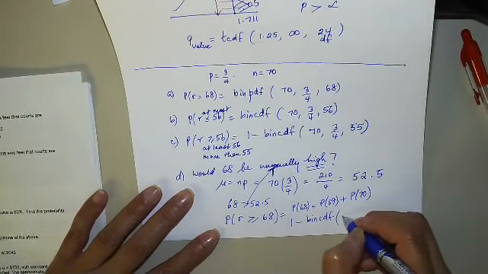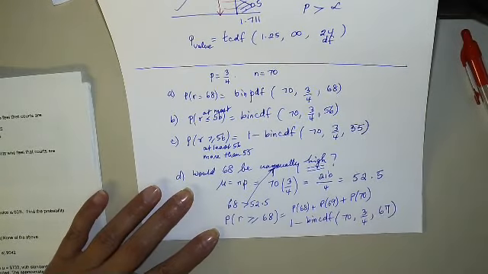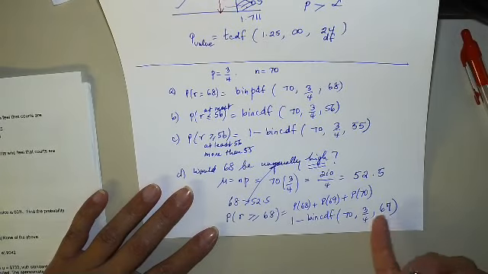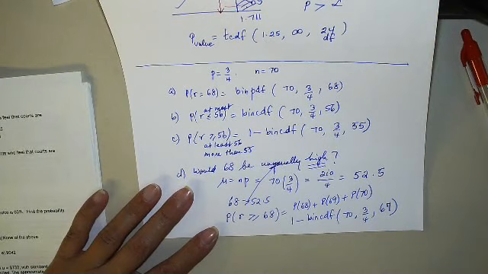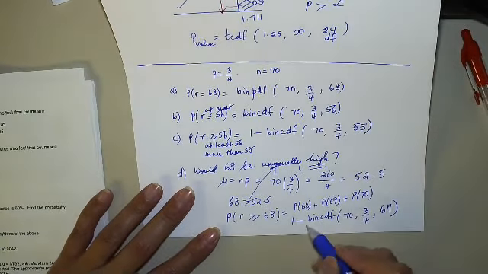So I want 68, 69, and 70, which is 1 minus binomial CDF of 70, comma, 3/4, comma, 67. And what is that number? It's 67 because once I subtract that, I'll be left with 68, 69, and 70. So what do you get?